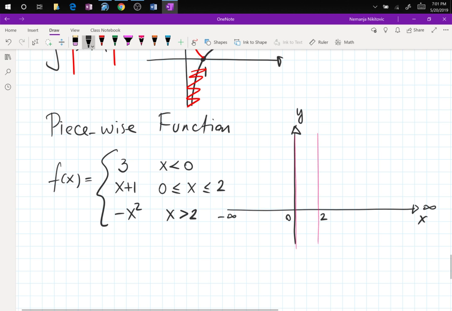So I draw constant function 3, with an open circle on the y-axis at 0, because there is no equal sign on this one.